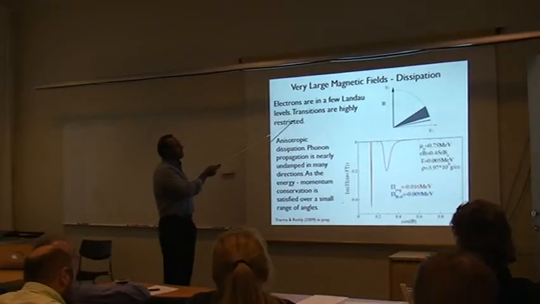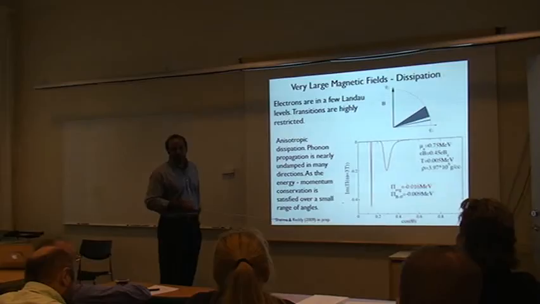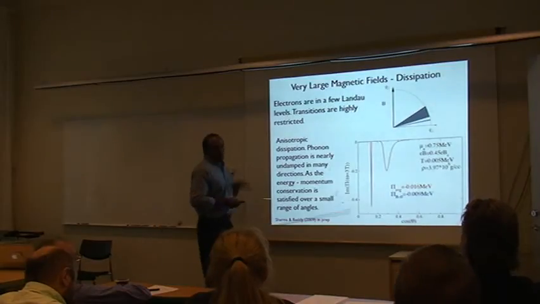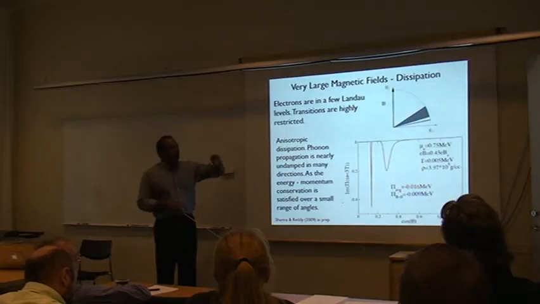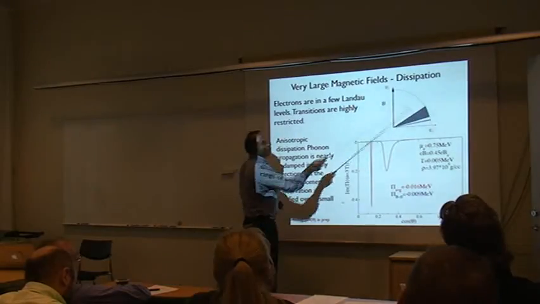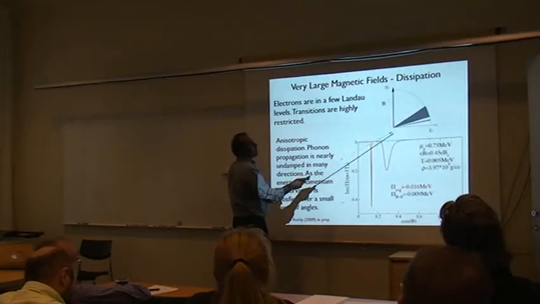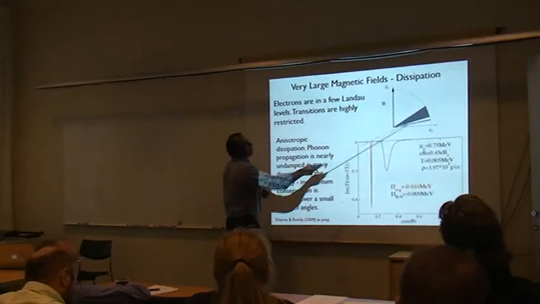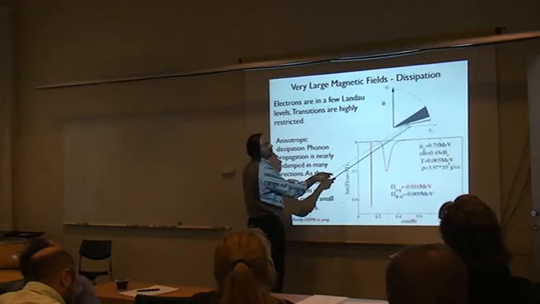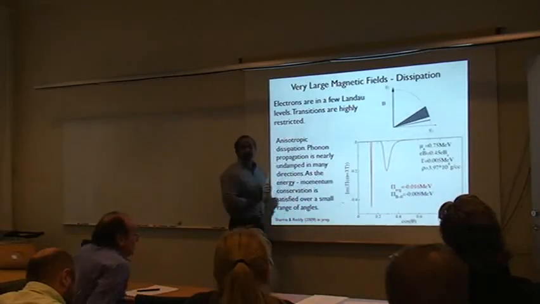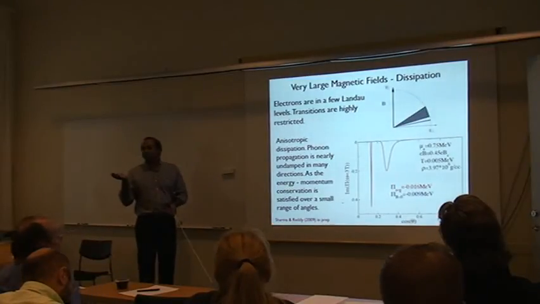So what we did was we calculated, if I put all the electrons in just the first 3 Landau levels, at what angles the phonon must propagate in order for it to actually transfer energy to the electron system. So this is Q perpendicular versus Q parallel. And if the phonon is propagating in any direction that is not shown by these curves, it's unable to excite this electron gas.